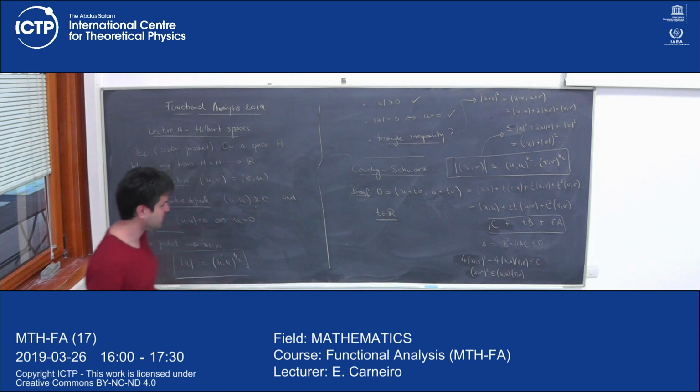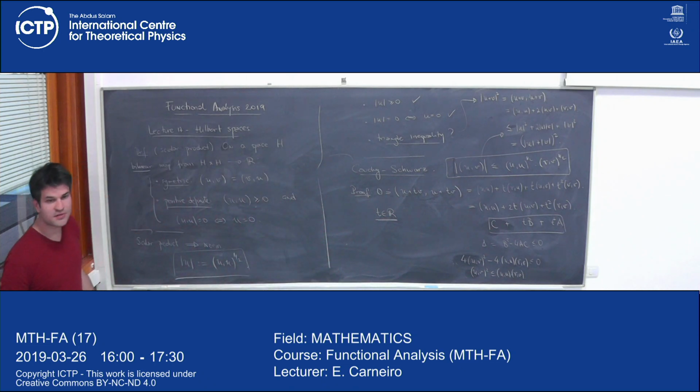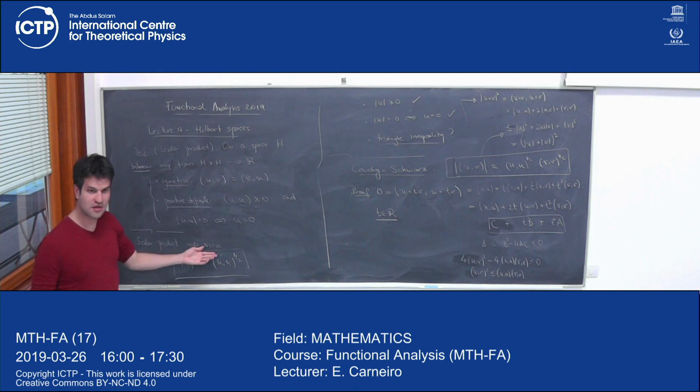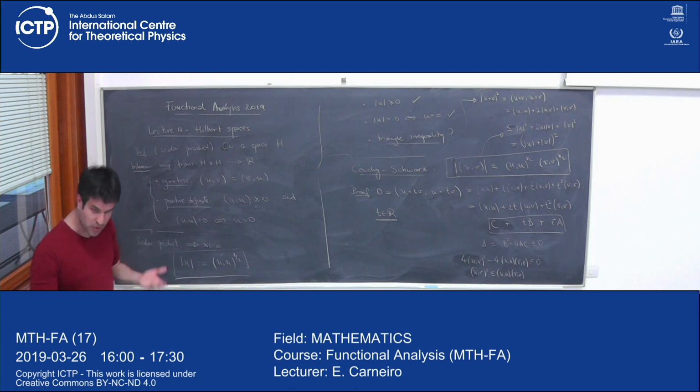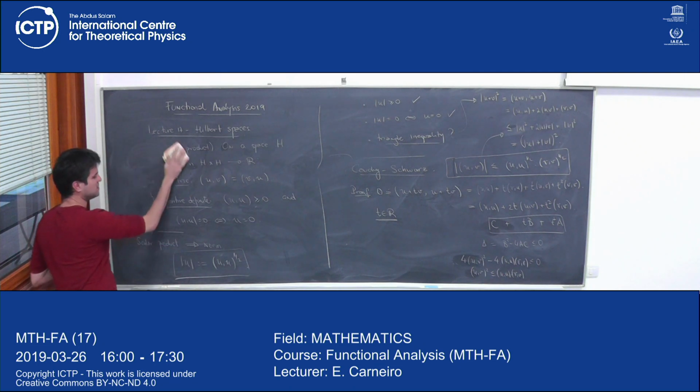Good. So what is a Hilbert space? A Hilbert space is a space with a scalar product such that when I associate the corresponding norm, it is complete with respect to that norm. Okay. So this is just it.